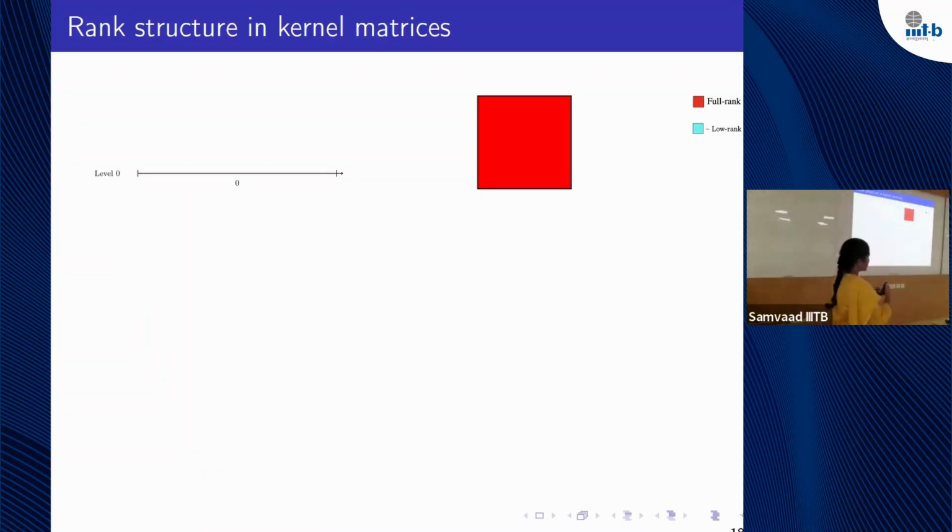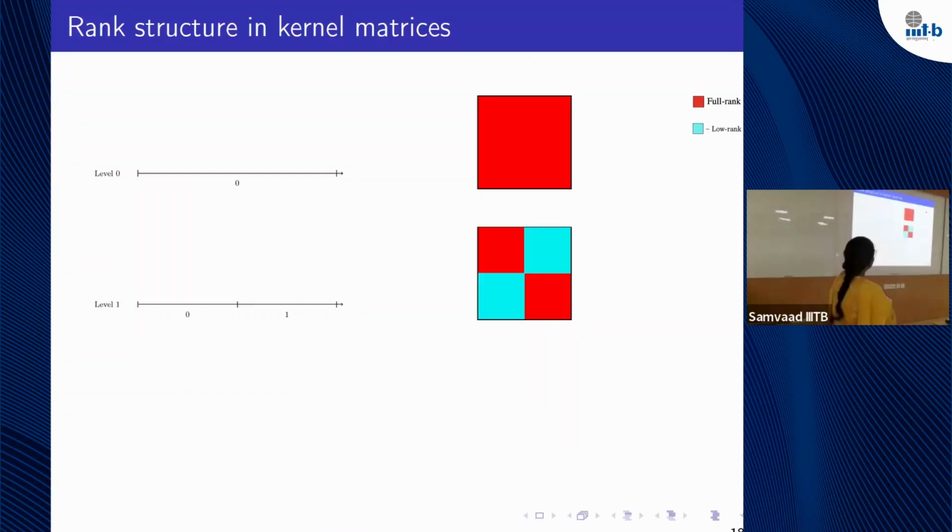Now, can we do better on this? Let's look at that. I have this domain. Let me divide it into two subdomains. So I divide it at the midpoint. So this is, say, cluster 0, and this I call cluster 1. When I divide my domain into two subdomains, correspondingly the matrix gets divided into two by two subblocks.